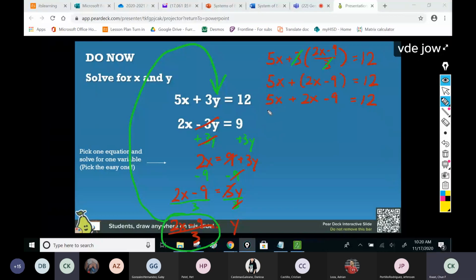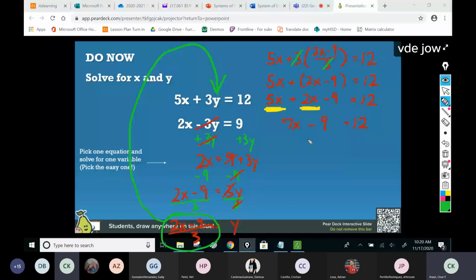After that, we combine the like terms. The 5x and the 2x are like terms, so you can combine them: 7x minus 9 equals 12.